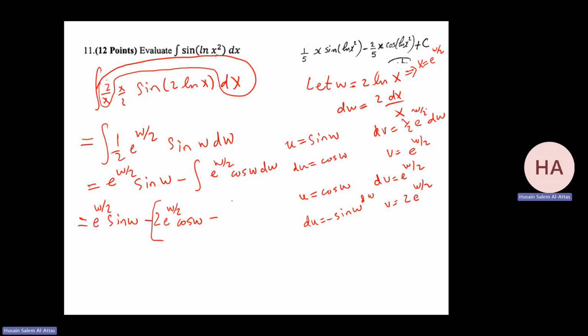Minus the integral of minus 2 sine W e to the power W over 2 dW, which is the original one with the 2. So this is I. So I will be e to the power W over 2 sine W minus 2 e to the power W over 2 cosine W. This is minus times minus times minus. The 2 is outside.